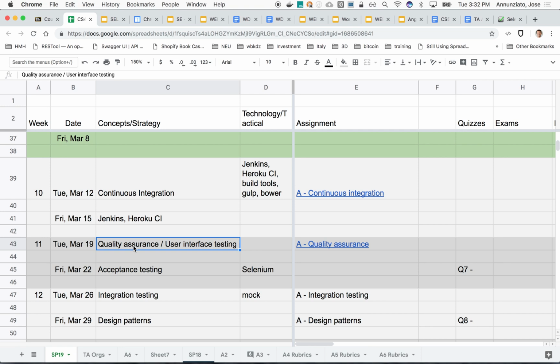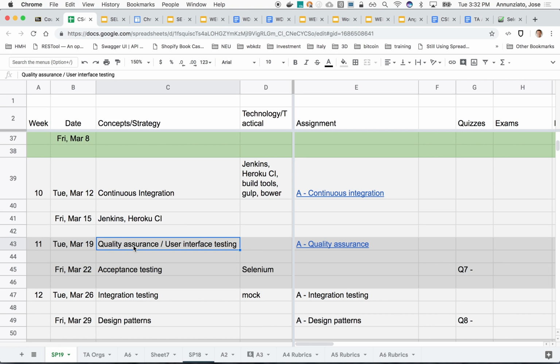Today, they too are also responsible for automating a lot of their tests so that they can run repeatedly and identify any regressions. So we'll talk about QA today.